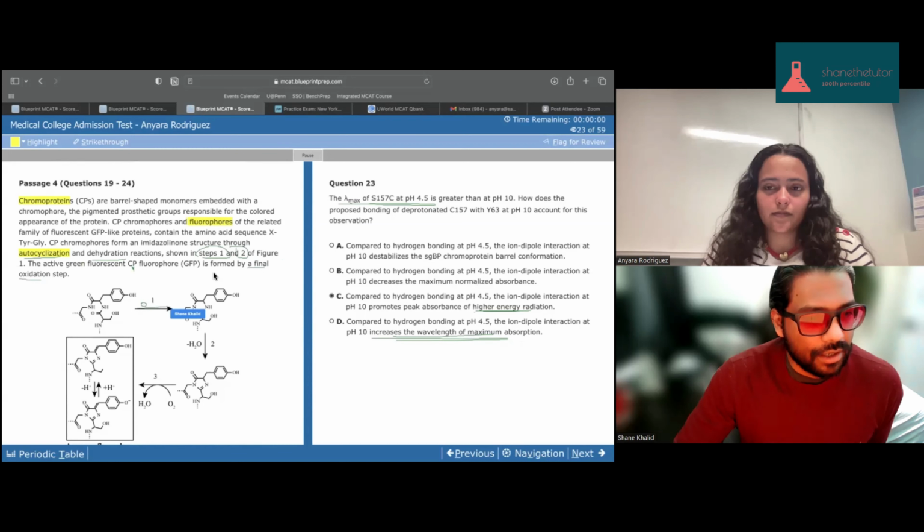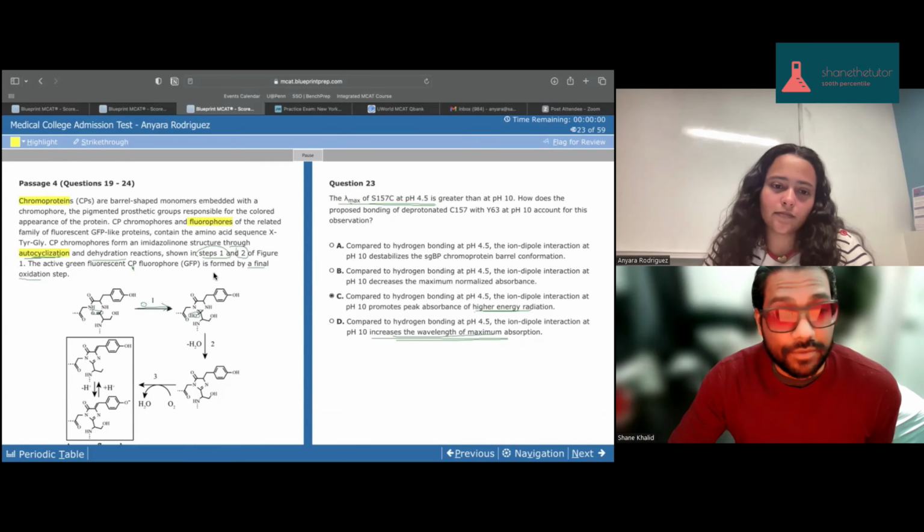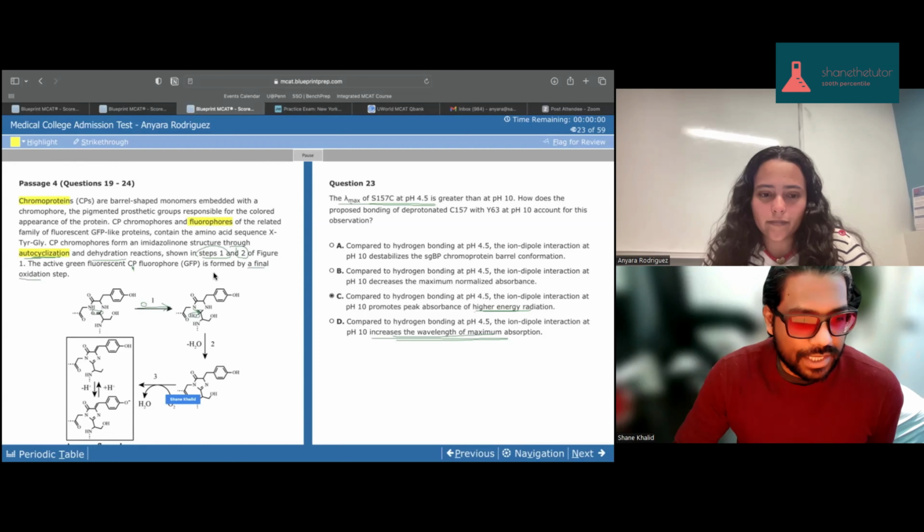So here, you notice where this carbonyl turns into a hydroxyl, but you want to think about what they told you, which is autocyclization. So you want to look for that. If you were looking for it, you definitely would have seen it. And then here it's a dehydration step, so we're going to look for that. And then here is the oxidation step with the oxygen.